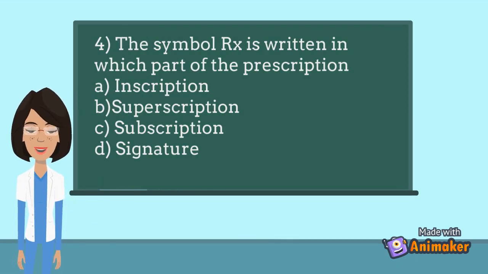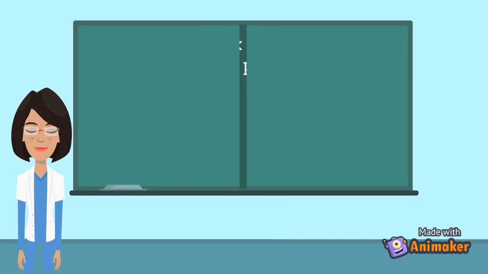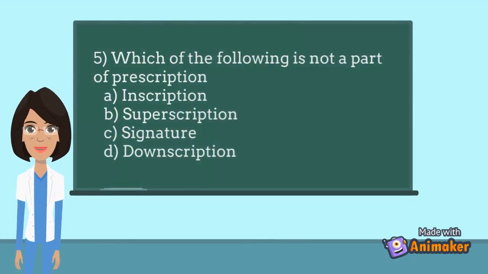B. Superscription. C. Subscription. D. Signature. Which of the following is not a part of prescription? A. Inscription. B. Superscription. C. Signature. D. Downscription.